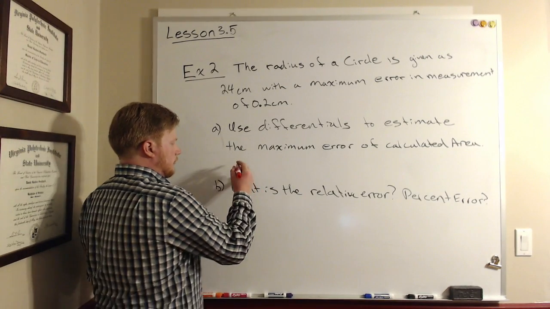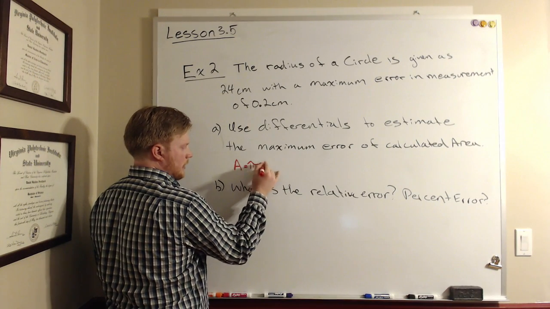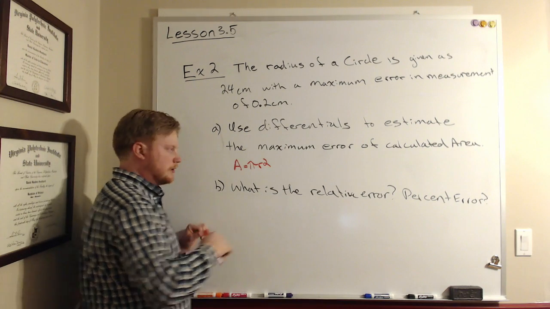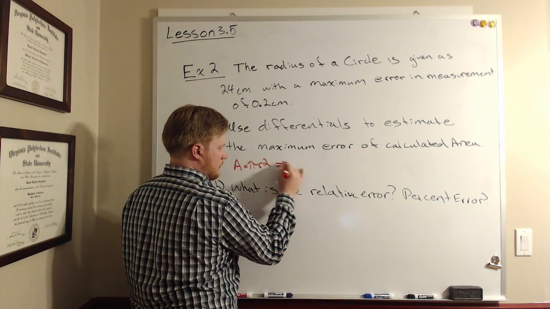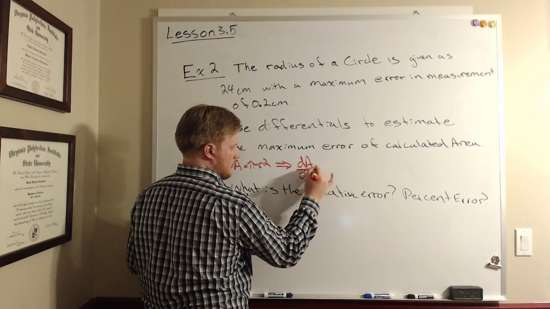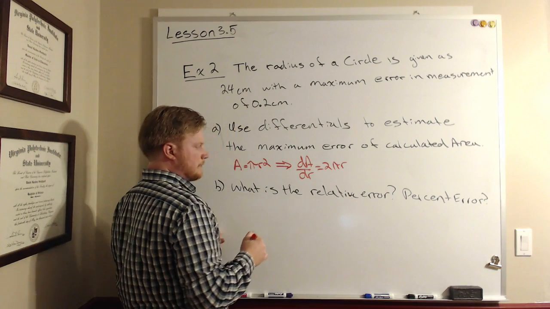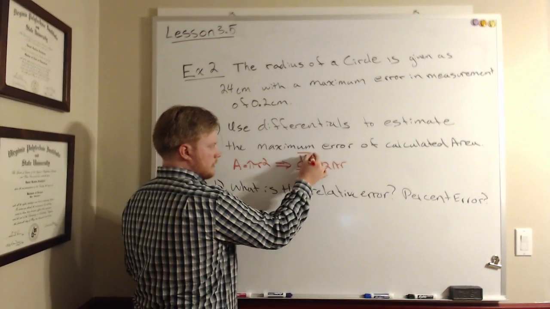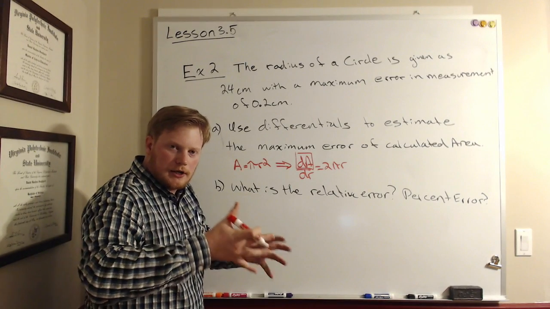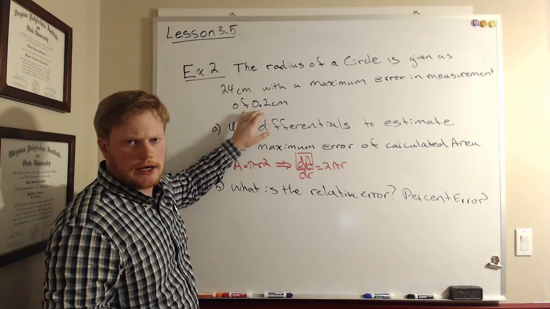Okay. So the formula for area is pi r squared. And so what we'll do now is differentiate this with respect to r. Okay. So dA over dr equals 2 pi r. So what I'm looking for is how much the area could change with respect to this change in the radius.